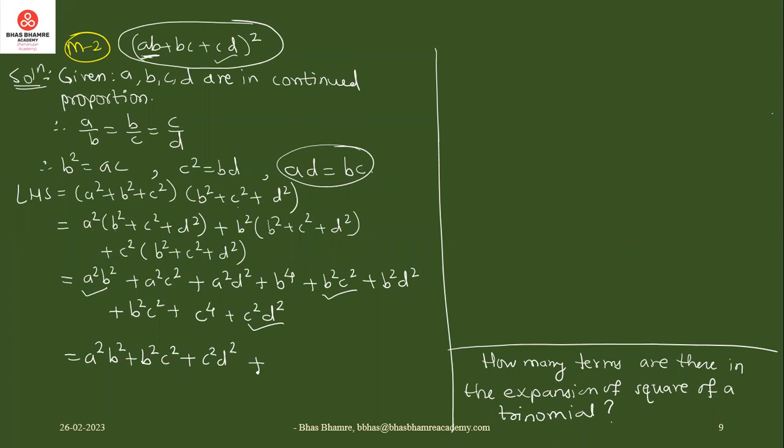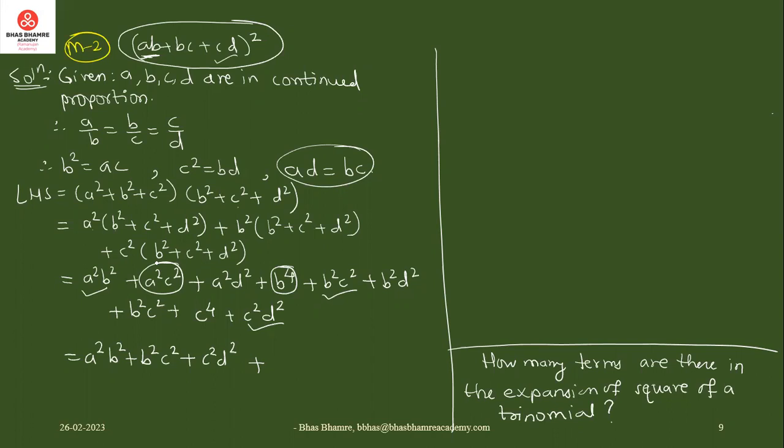You will understand it soon. As A square C square is actually B square, B square square. And they are closely related, because AC is B square.